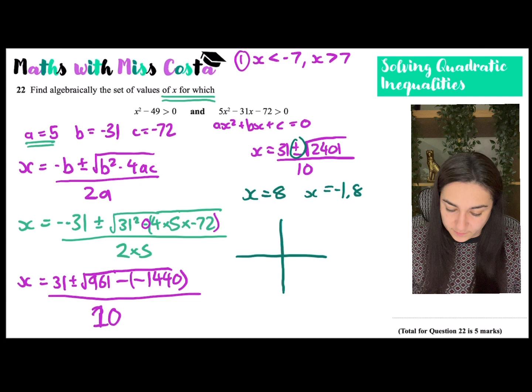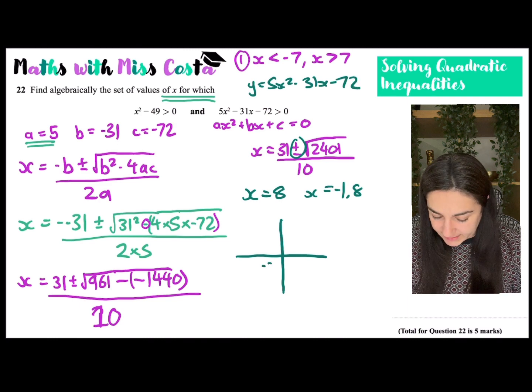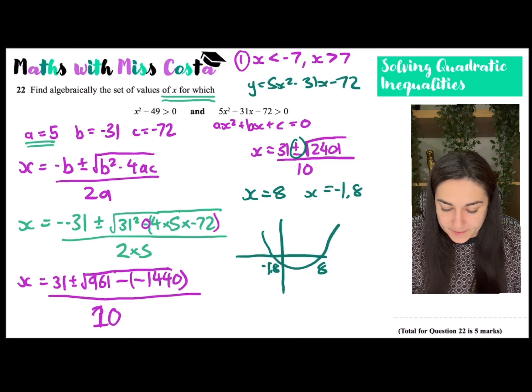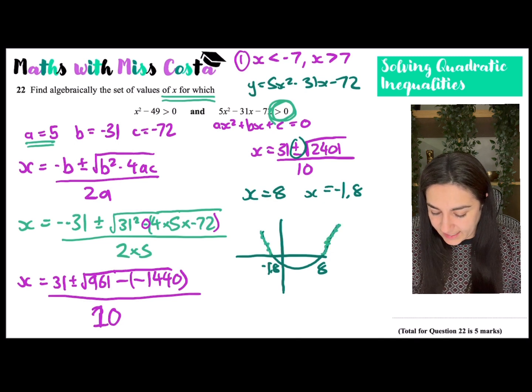So once again, I could look at my graph. If it was this graph, so the equation of y equals 5x squared minus 31x minus 72, it's going to have its solutions at negative 1.8 and 8. So it looks roughly like this. And I'm interested in knowing where the graph is greater than 0. So once again, this over here and here, the graph is greater than 0.